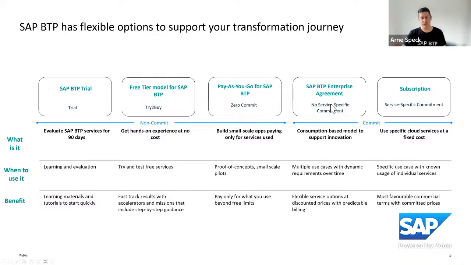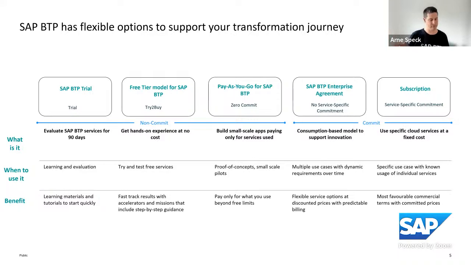The other model I would like to introduce is the SAP BTP or Cloud Platform Enterprise Agreement. This is basically a pre-commitment model on a specific amount of value that you can use for the services, which means that with this pre-commitment, we are able to give you better prices because we can also do our calculations much better when it comes to cost.